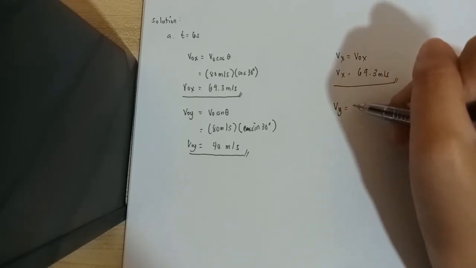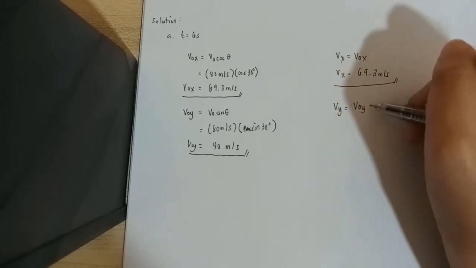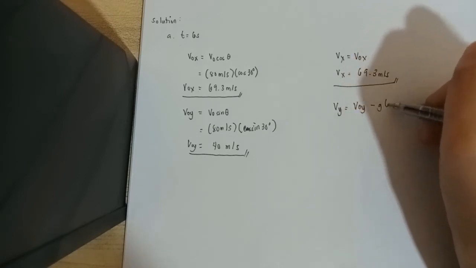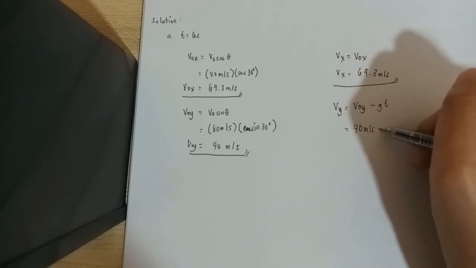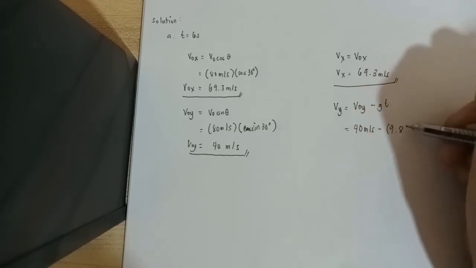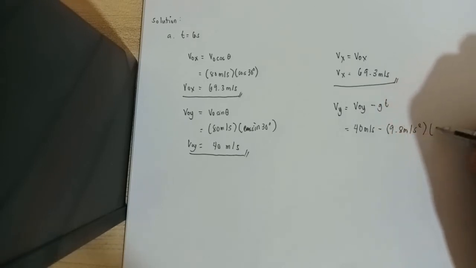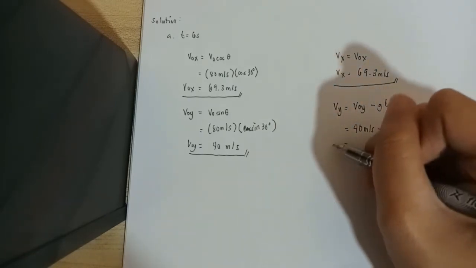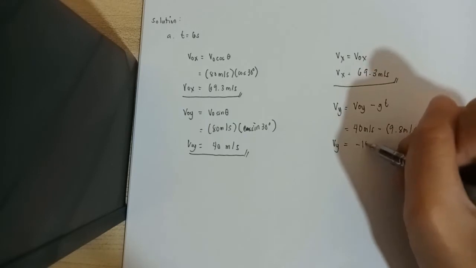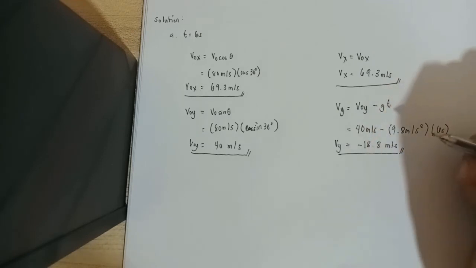Next, Vy. V sub y is equal to V sub 0y minus gt. V0y is 40 meters per second minus 9.81 meter per second squared multiplied by the time, which is 6 seconds. So Vy is equal to negative 18.8 meter per second.